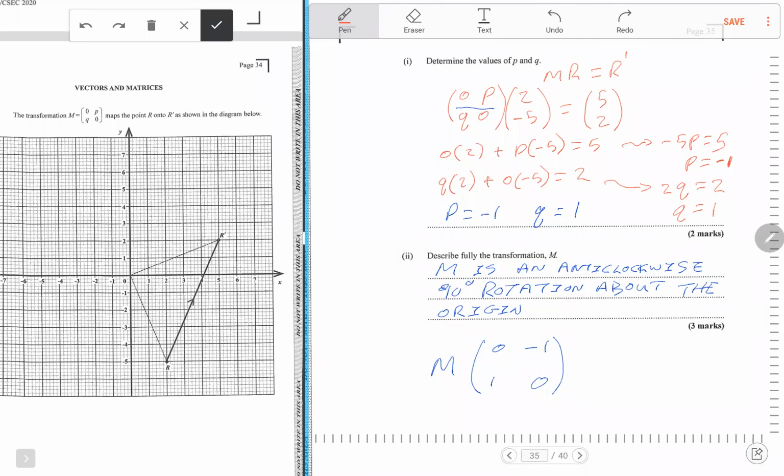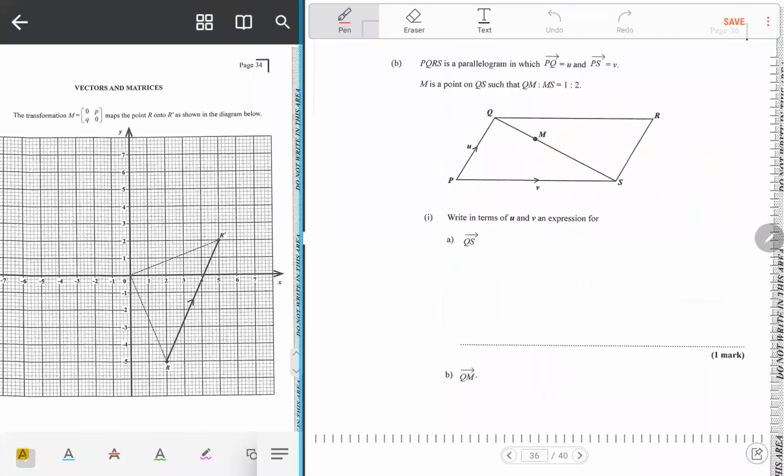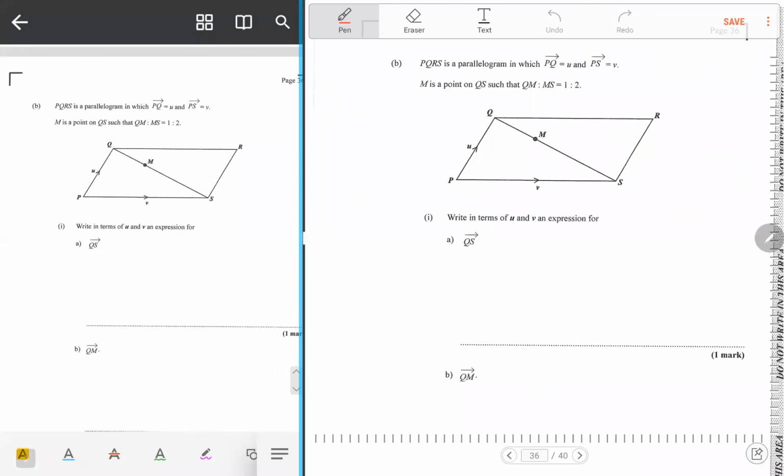That is that part. The next part is the vectors question, which gives us this parallelogram. Remember, in a parallelogram the opposite sides are equal in length and parallel, so the opposite sides are equal vectors.